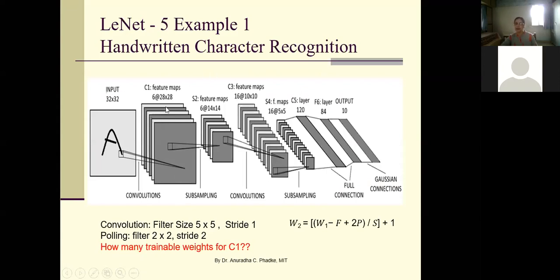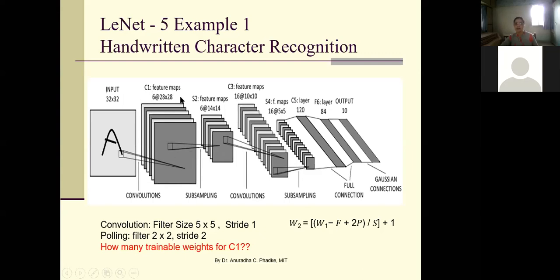Because when we train the network, we keep on updating these filter coefficients so that you get correct features which add to the accuracy or final performance of the network. So when we are training the network, we keep on updating these 6 filter coefficient values.